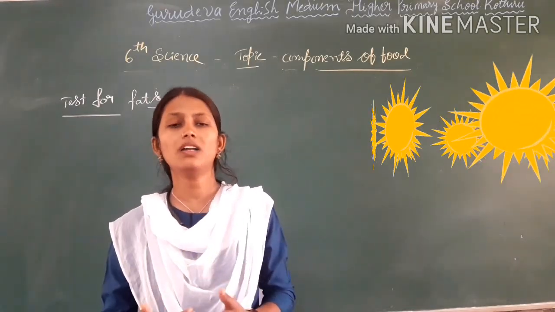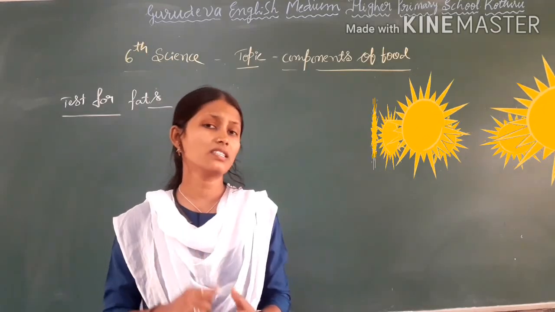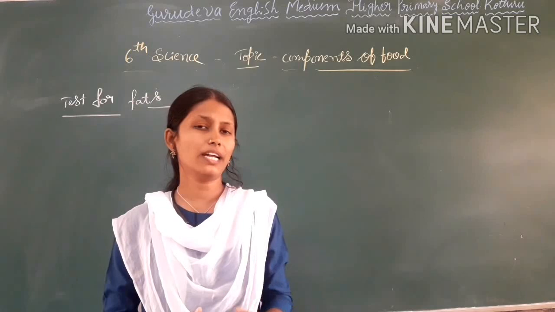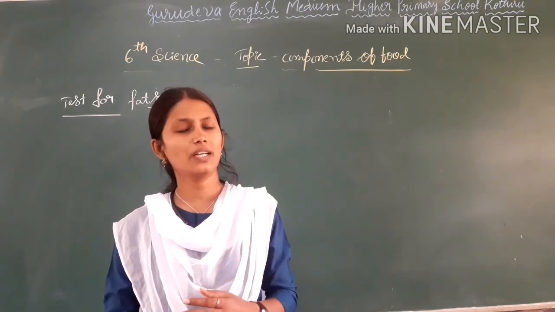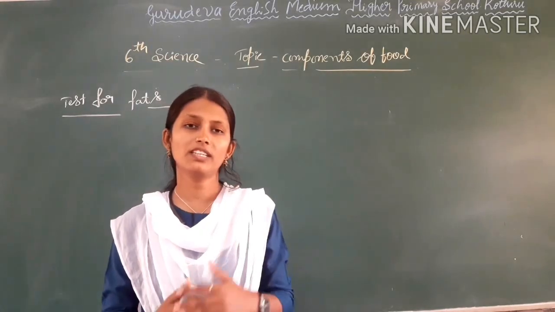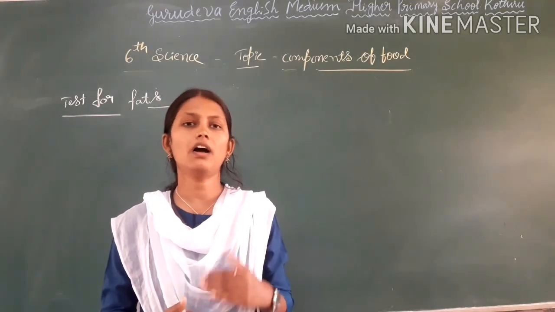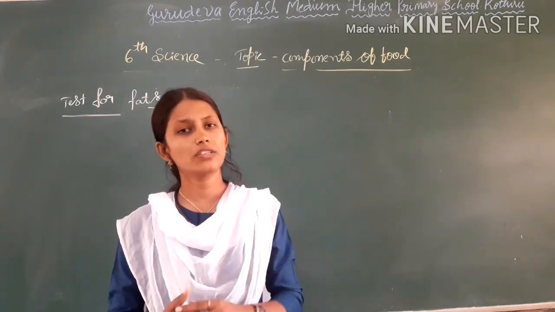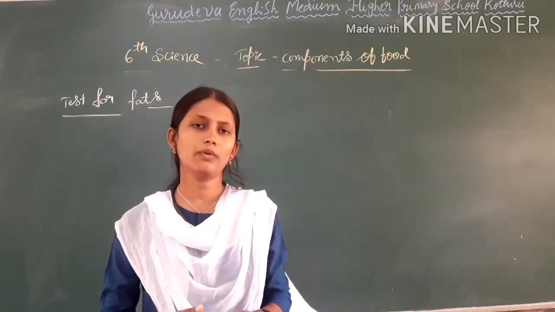From all these tests we came to know whether your food has all the types of nutrients or only one variety of nutrient. Along with these nutrients, our food items also have vitamins and minerals, which are also essential to our body.